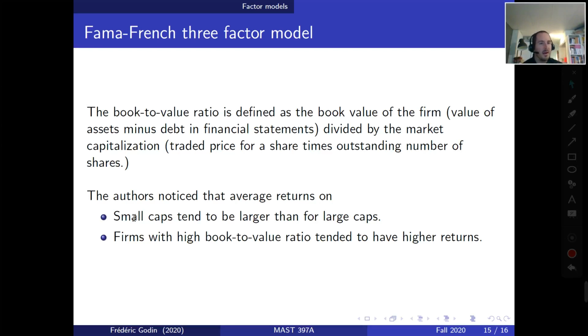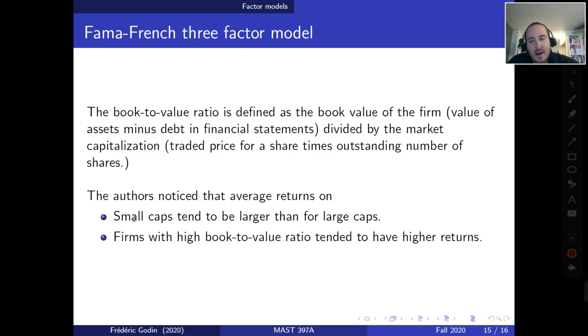Because it's a common driving force across multiple stocks, they said, let's include this as a factor, and the various securities can be related to it. So if you're a small firm, you'll have a different factor loading B than if you are a larger firm.